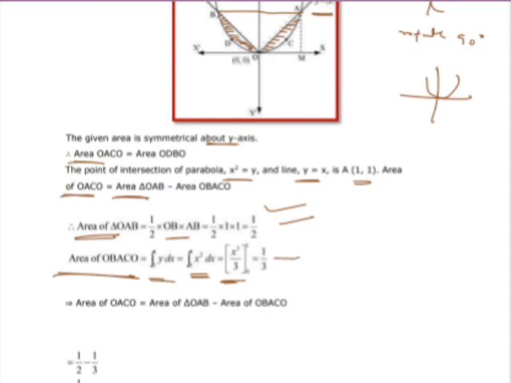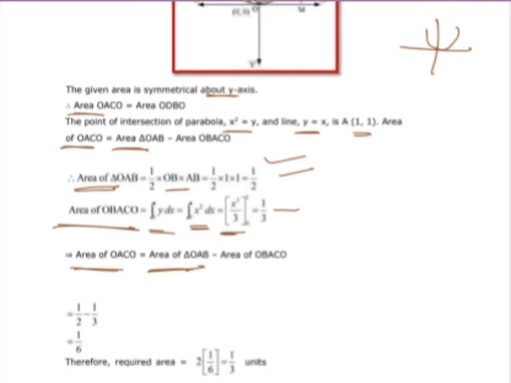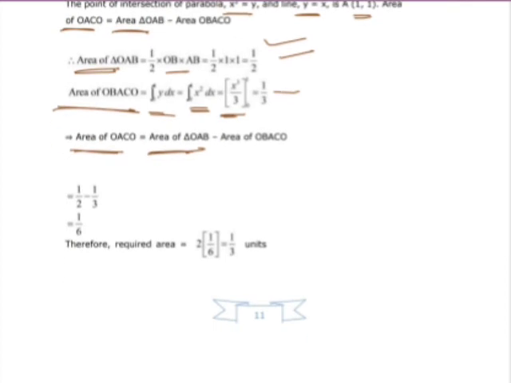So the area of OACO is the area of triangle OAB minus OBACO, 1 by 2 minus 1 by 3, which is 1 by 6. Finally, the required area is 2 times 1 by 6, which is 1 by 3 units. Got it?